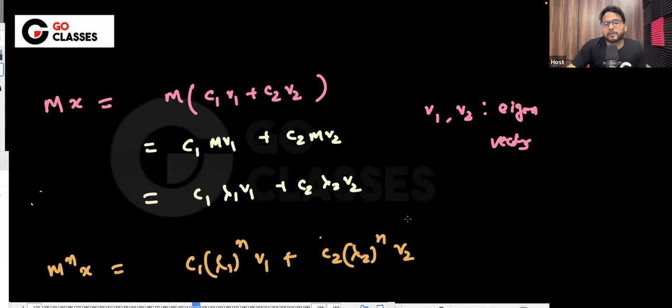Now, depending on lambda 1 and lambda 2, it will either vanish, explode, or remain the same. If lambda 1 is 1, then the power won't matter. So that's how any vector behaves if we keep on multiplying with the matrix. It will depend on the eigenvalue. If the eigenvalue is less than one, then the component of this vector along that particular eigenvector will vanish.